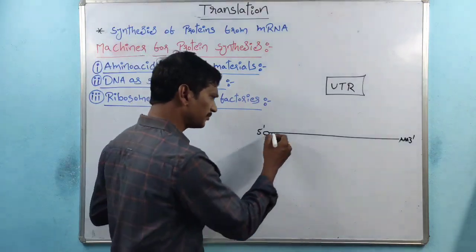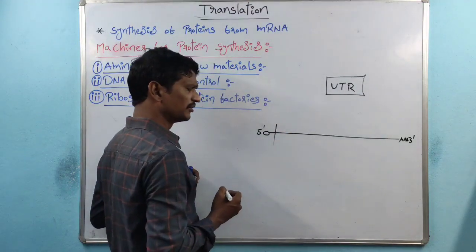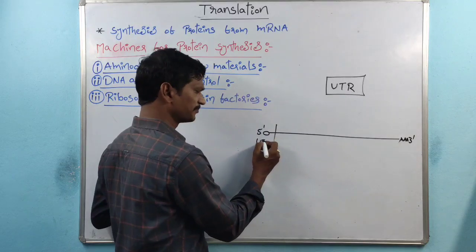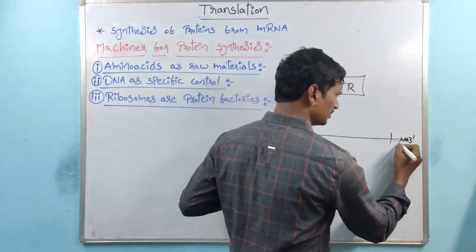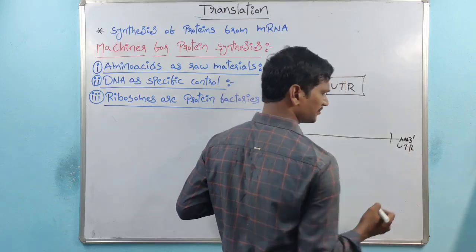Suppose this is the cap. This is one of the UTR regions. And this is the tail part, and this is another UTR region.